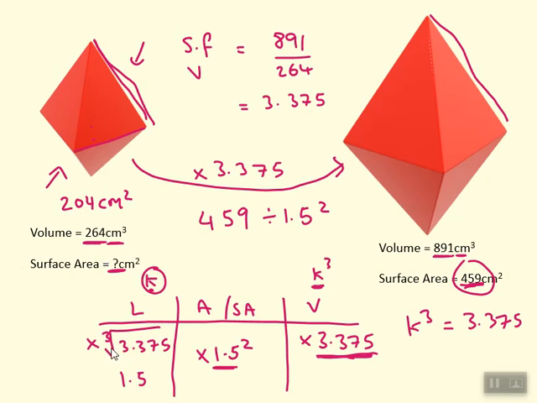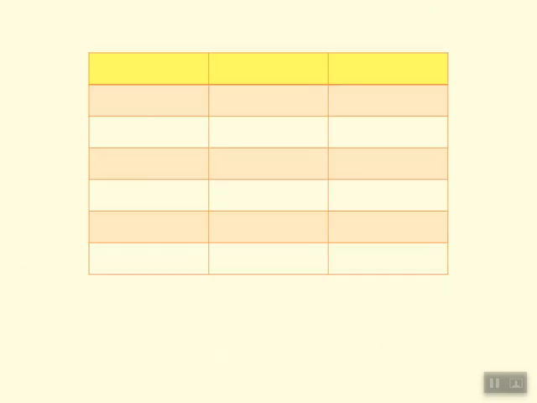Now, I hope you understand that particular problem, but if you don't, I'm going to summarize this in a nice little table. These are the scale factors: scale factor for length, scale factor for area and surface area, and then scale factor for volume. Let's do it in a summarized form.